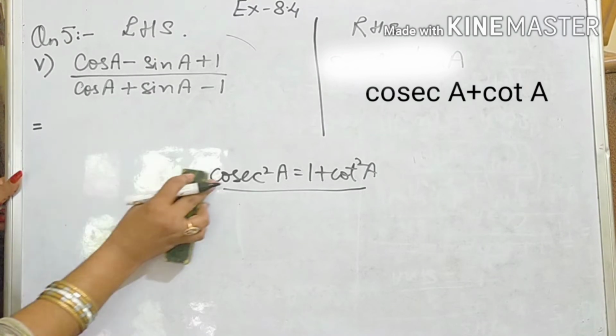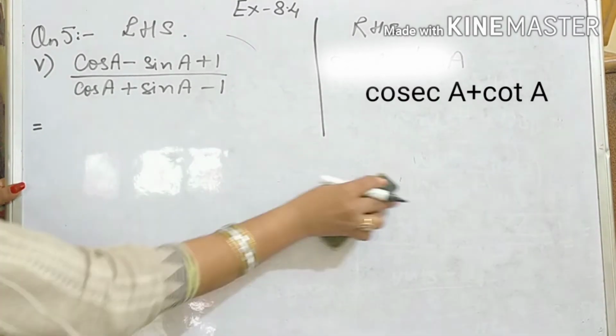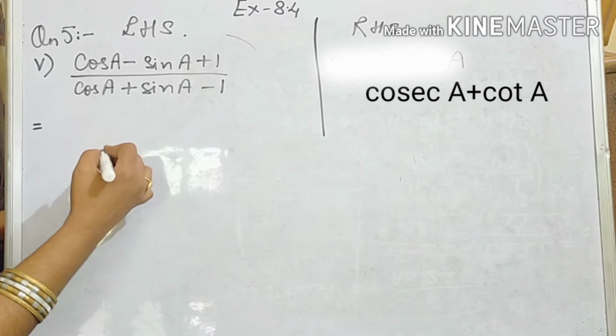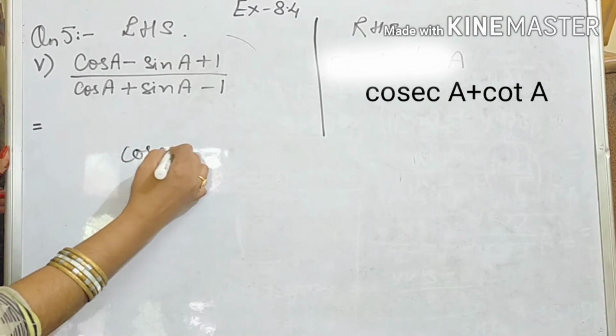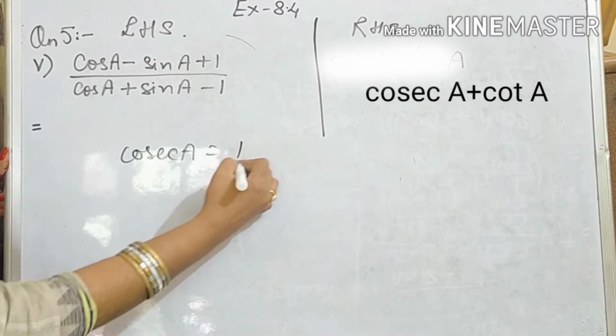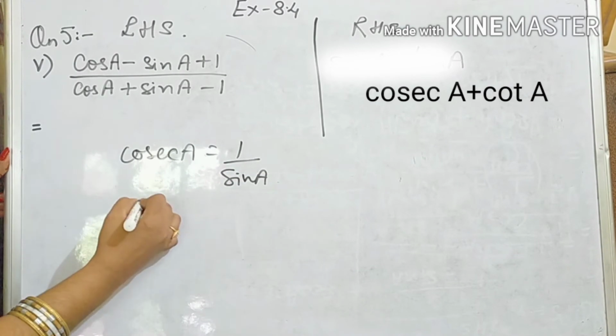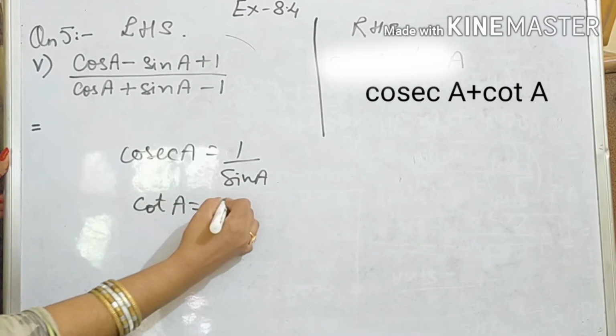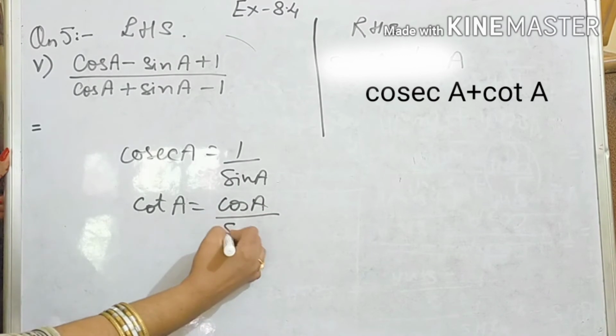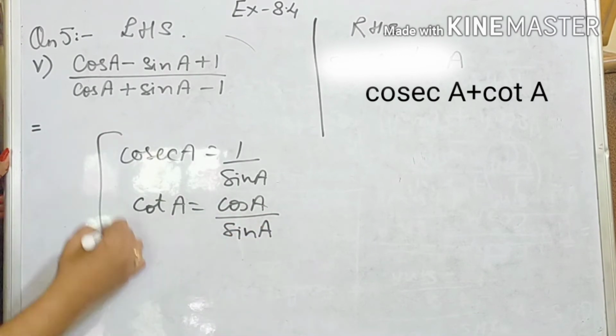So for applying this identity, first I am going to convert this into cosec and cot, and we all know, again I am telling you, cosec is 1 by sin A, and cot is cos by sin A. You should know about these two.